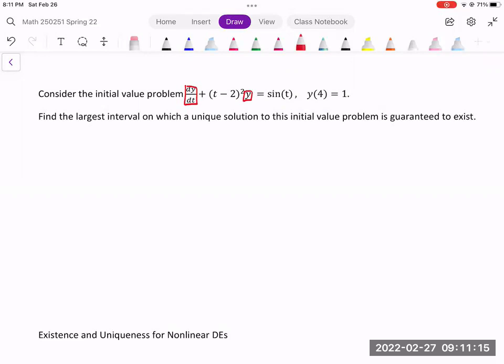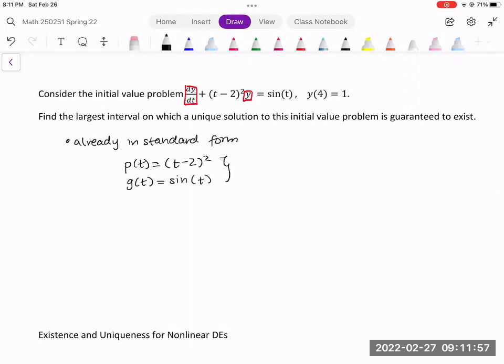Okay, pause and try this out. So there are a couple of things you should have noticed. So first, this is already in standard form. Okay, so here we have p(t) = (t - 2)^2, and g(t) = sin(t).